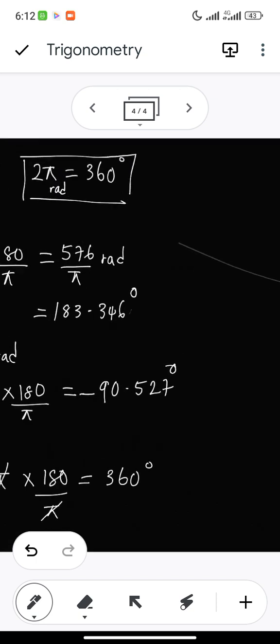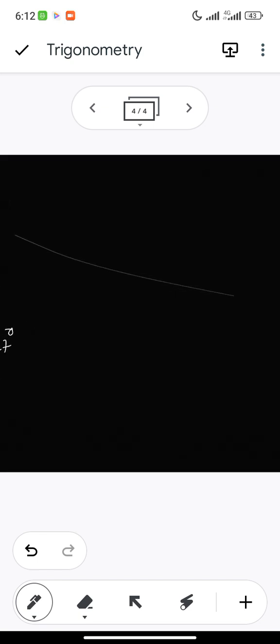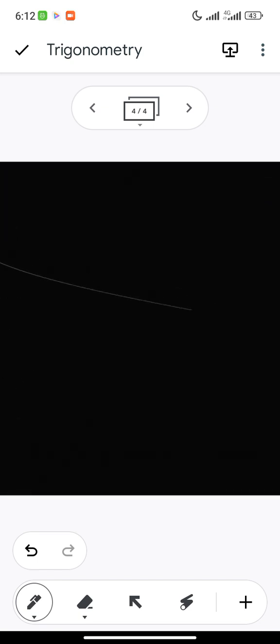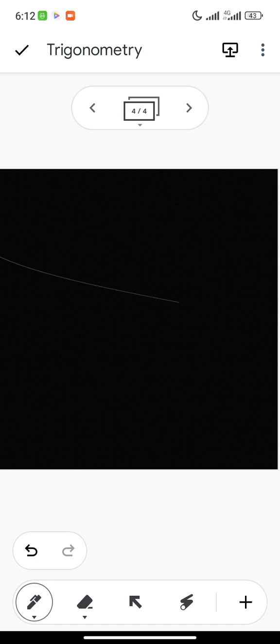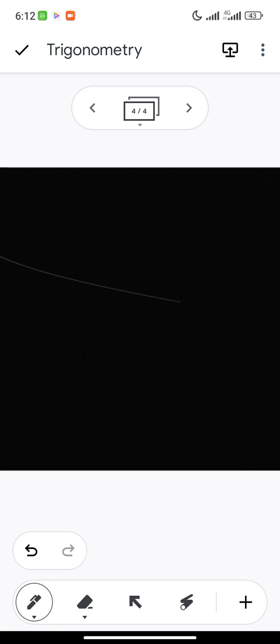Okay. So let's take some examples where we have to convert from degree to radian. So take example 1.